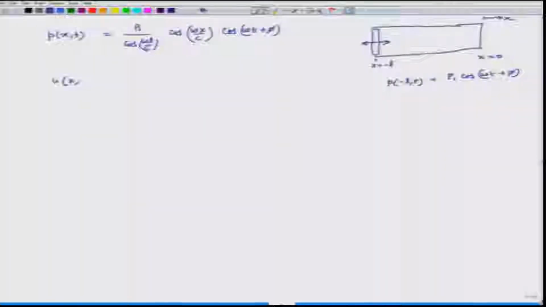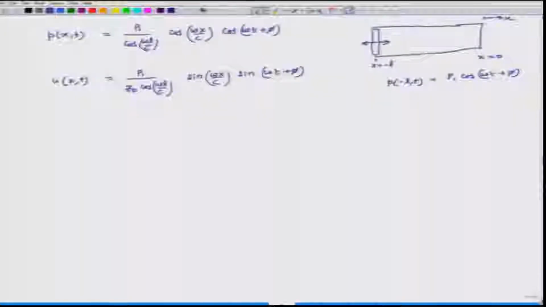And velocity function is defined as P1 divided by Z naught cosine omega L over C, sine of omega x over C, sine of omega t plus phi. So, these are the two equations which we have developed.